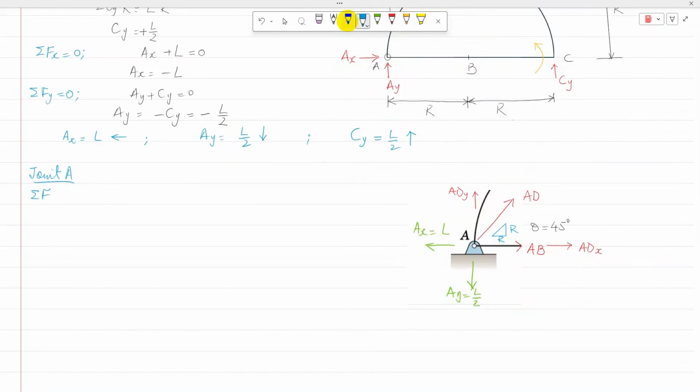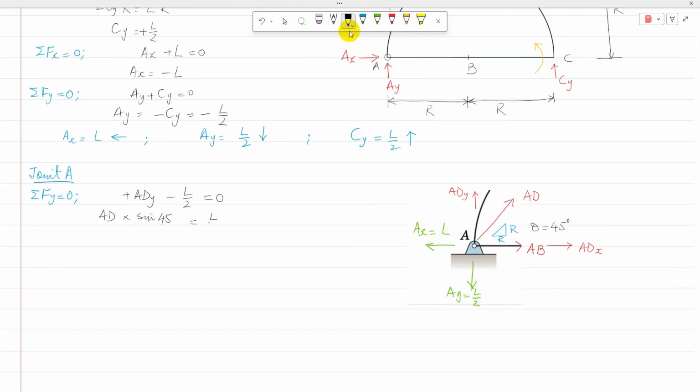So sigma Fy is equal to 0. ADY is acting vertically upward, so that is plus ADY, and the force at A is acting vertically downward, so minus L over 2 is equal to 0. So ADY is AD times sine 45. Either you can use angle theta or you can use a small triangle.